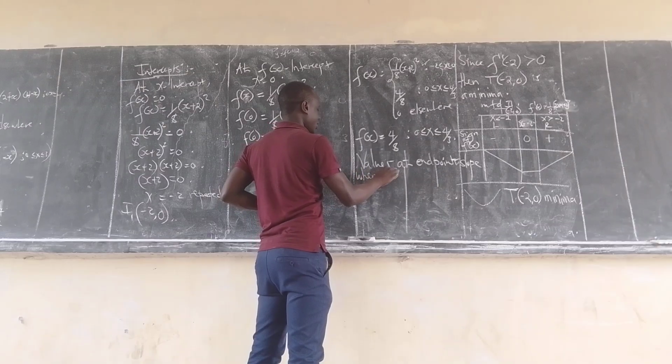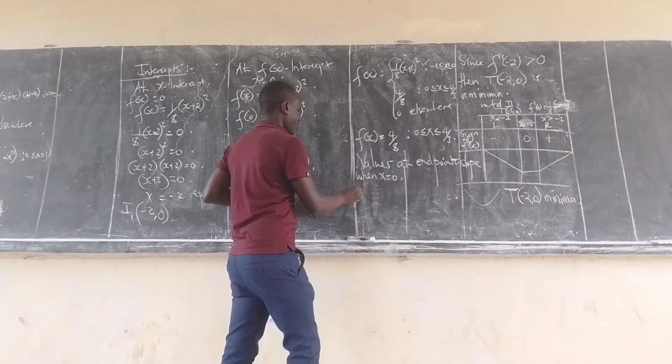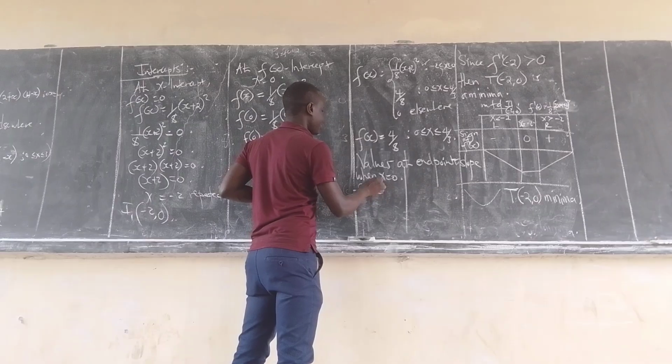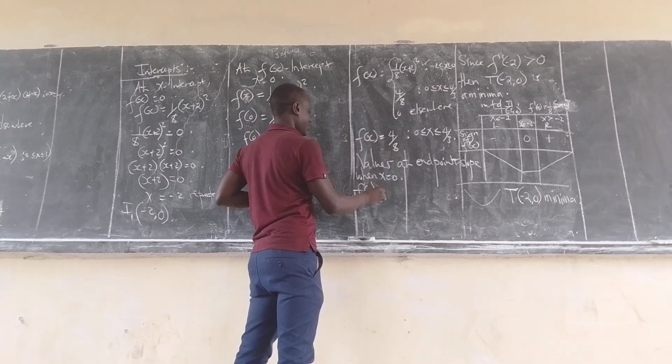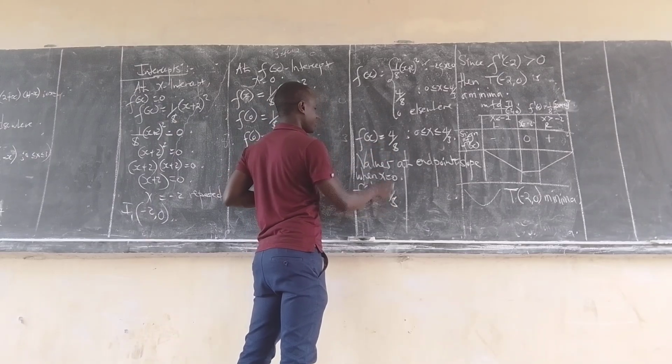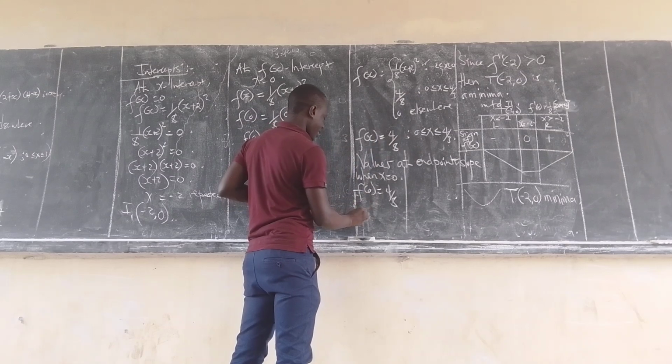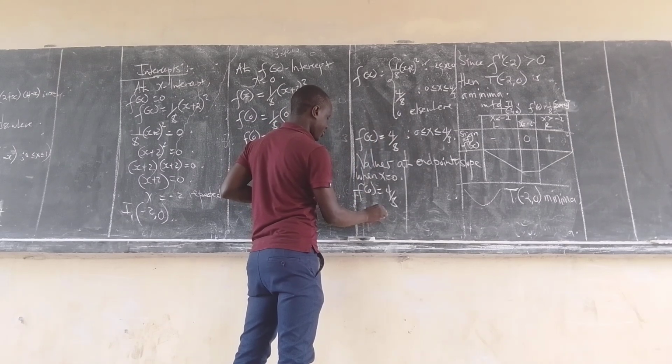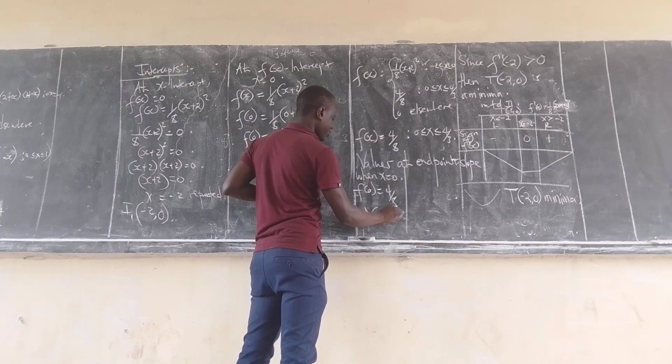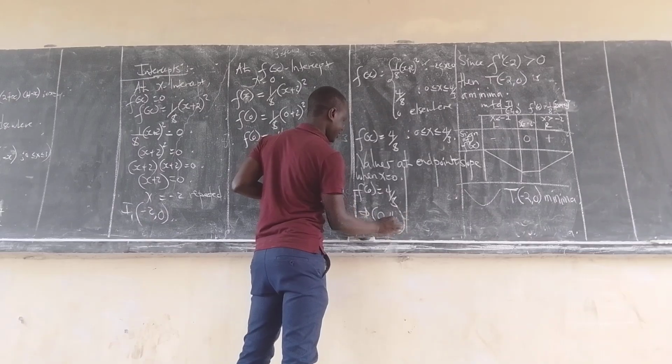So when x is 0, my f of 0, I substitute in this, is going to be 4/8 because this is a constant function, and the first endpoint is going to be 0 and 4/8.